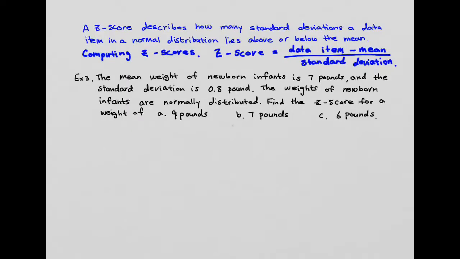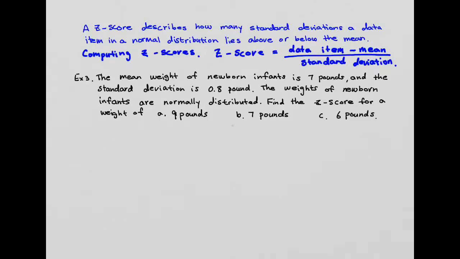Next topic, we're going to learn how to find the z-score. What is the z-score? Z-score is describing how many standard deviations a data item in a normal distribution lies above or below the mean.